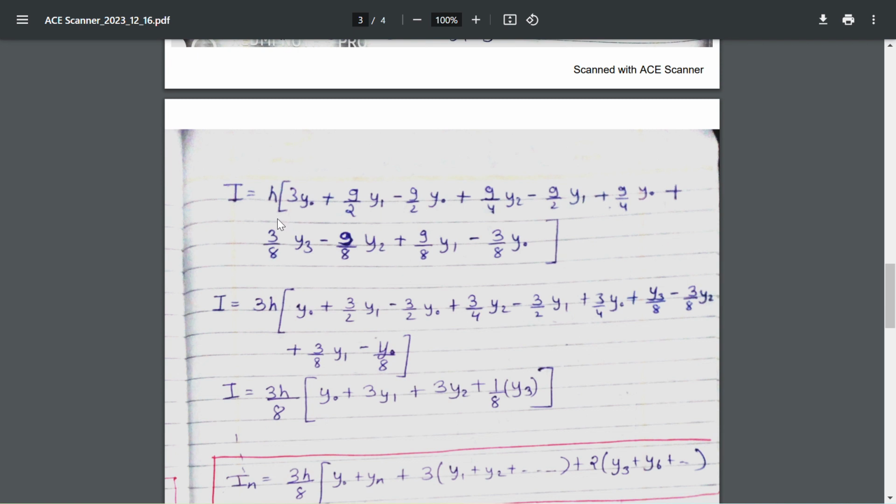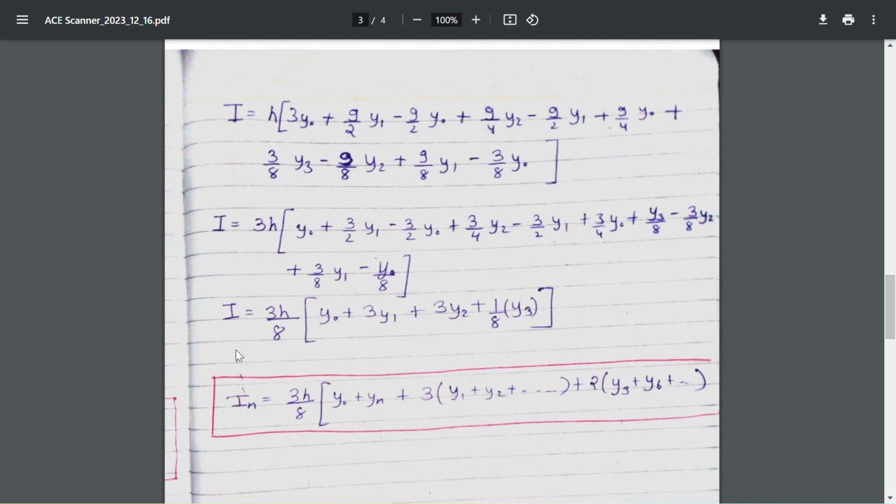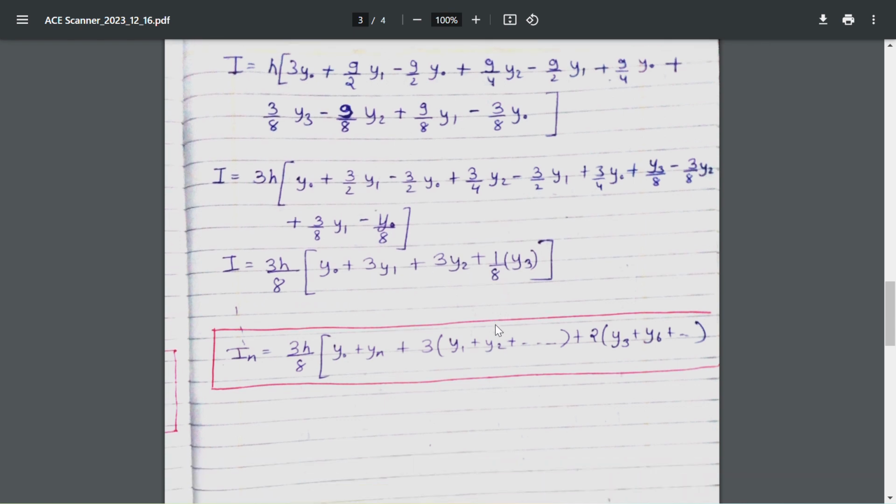I equals h [3y0 plus 9 by 2 (y1 minus y0) plus 9 by 4 (y2 minus 2y1 plus y0) plus 3 by 8 (y3 minus 3y2 plus 3y1 minus y0)]. On solving these equations, we get our result I equals to 3h by 8 [y0 plus 3y1 plus 3y2 plus y3].